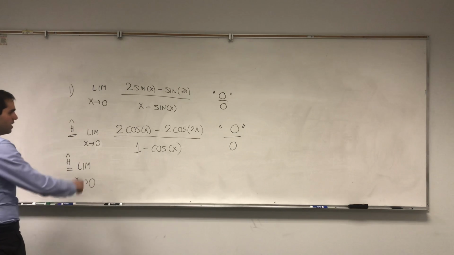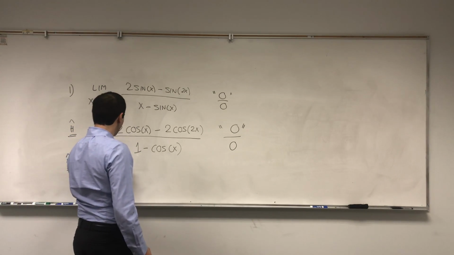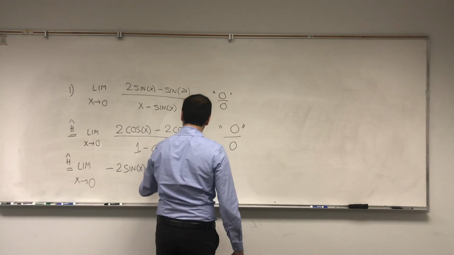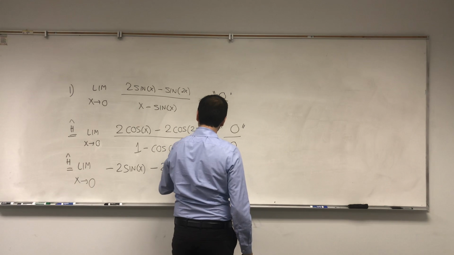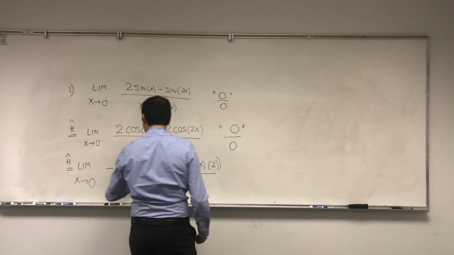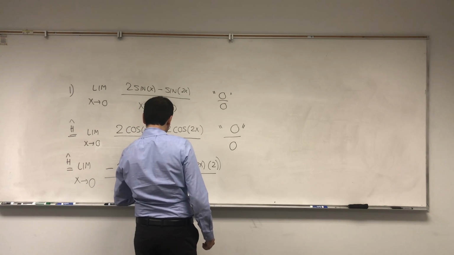And so what we get is we do the derivative again. So minus 2 sine of x. And then minus 2 minus sine of 2x times 2. You just take the derivative of this. And then minus minus, so plus sine of x.